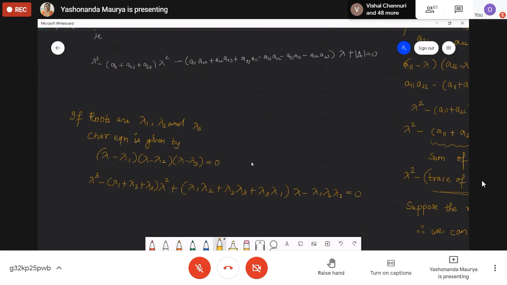Here we get alternating signs, plus and minus.